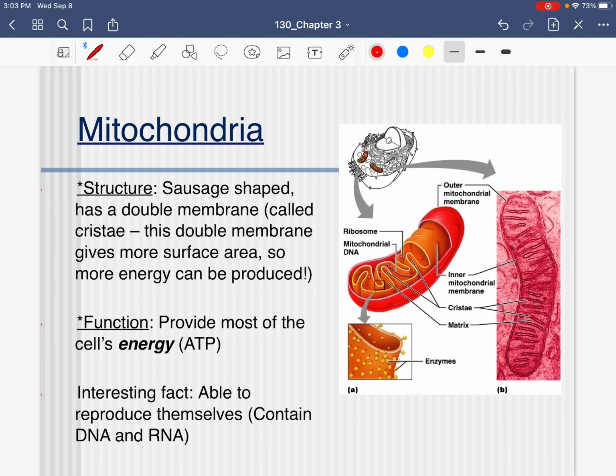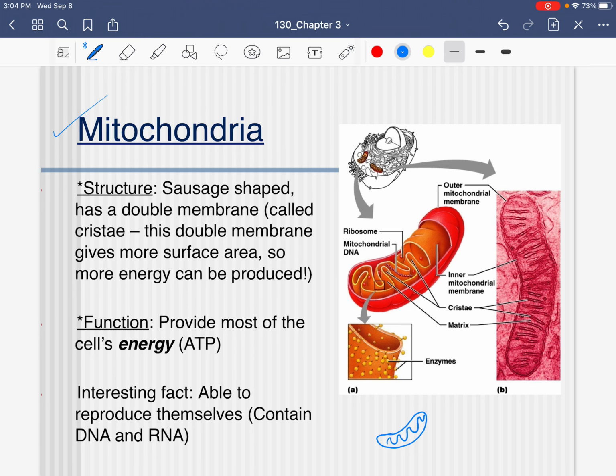All right, moving on. The next part of the cell is really important, and I hope you remember some of these from your previous education. The mitochondria. Its structure is, it's kind of sausage-shaped, maybe peanut-shaped. Also importantly to its structure, it has an inner membrane. So in that way, it has a double membrane.